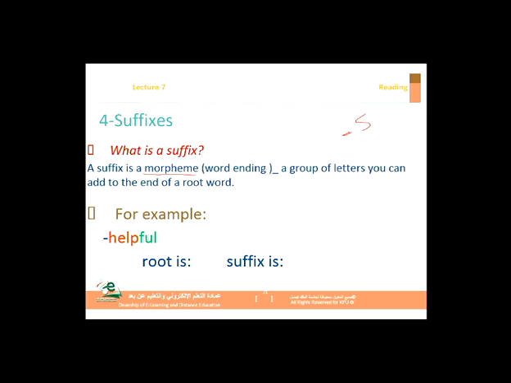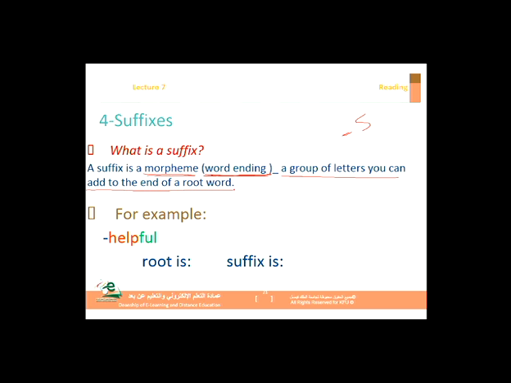That S has a meaning, right? It means plural. So that S is a morpheme. It's a suffix. All right? So a suffix is a morpheme or a word ending. It's not used before. A group of letters you can add to the end of a root word.